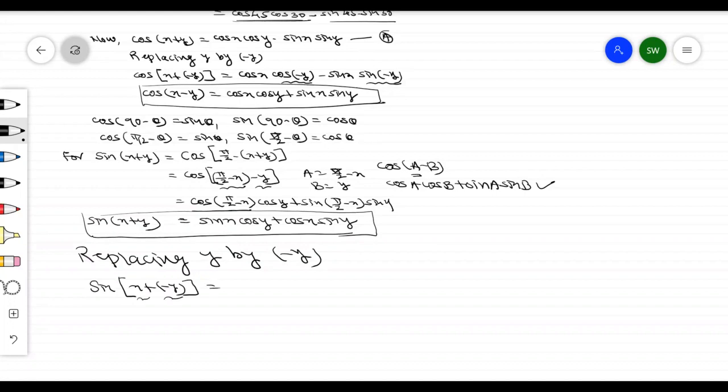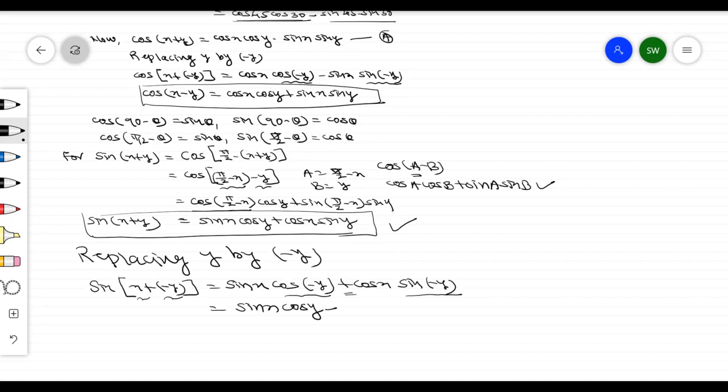Using this formula, sin of first angle x into cos of second angle plus cos of first angle into sine of second angle. So cos of minus y is again cos y, so that will be sin x into cos y, and sin of minus y is minus sin y, so this becomes minus here.